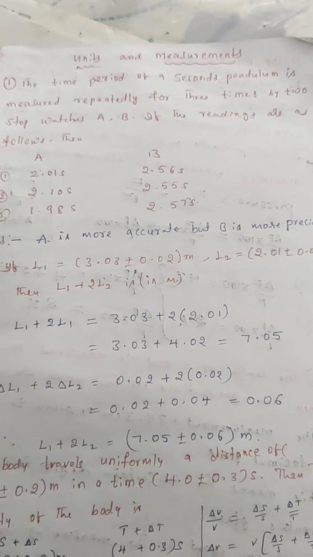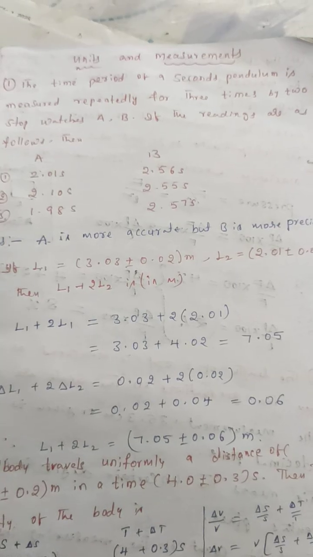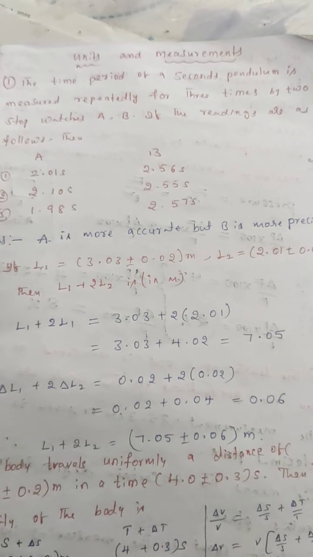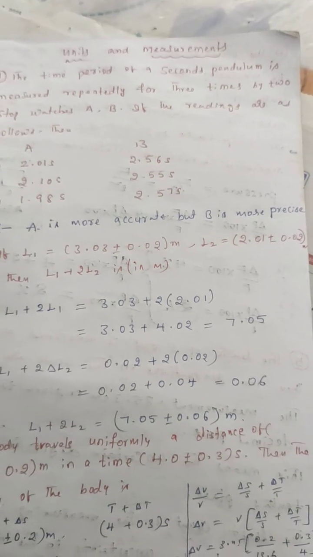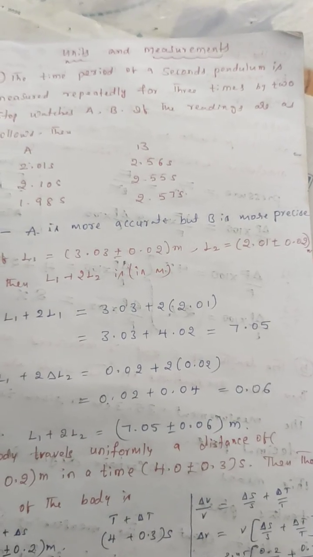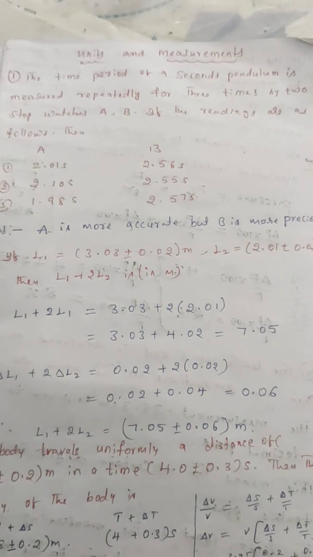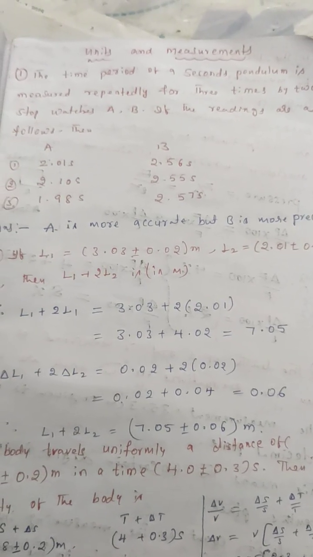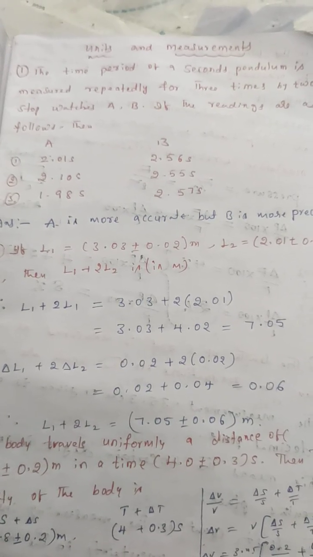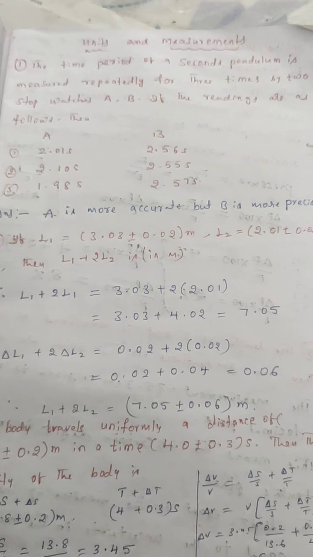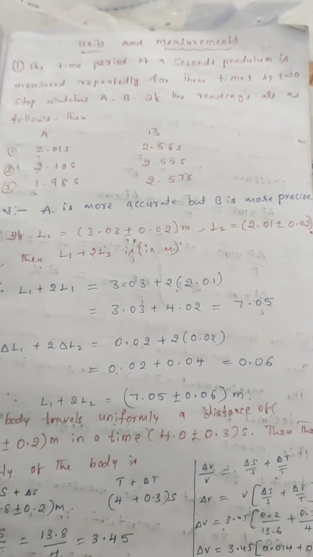Here A is more accurate, meaning it is near to the true value. B is more precise, meaning the values 2.56, 2.55, 2.57 have very little difference between any two values. That's why it is precise. Whenever it is near to the true value, that is accurate.